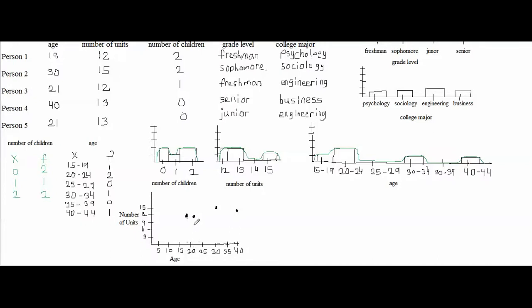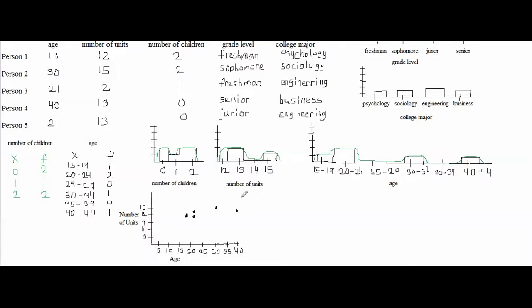This person who's 21 years old will be lined up with 13 on the y-axis, which will be about right here. So both of these people are 21 years old down here, but this person is taking 12 units right here. This person is taking 13 units right here. So since this person is taking 13 units, they're a little bit above this person right here.